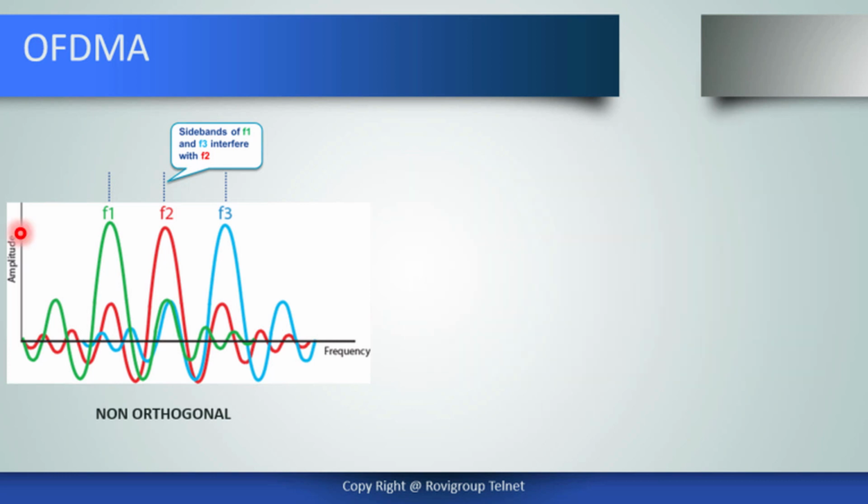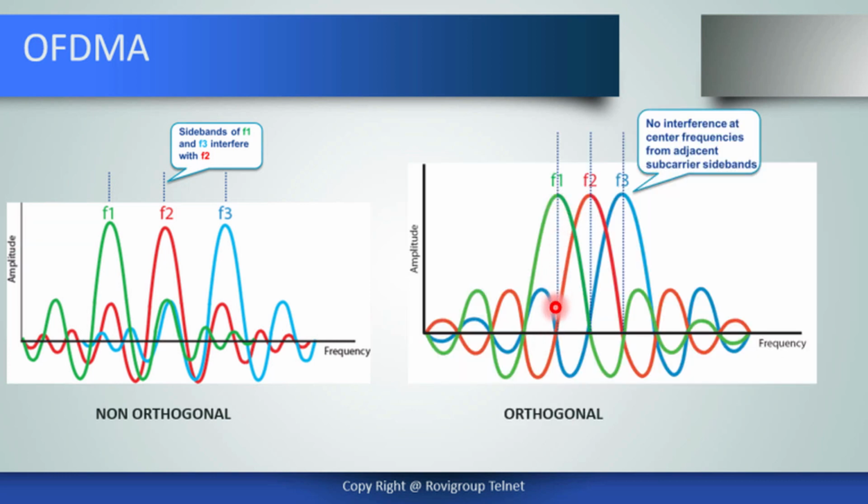In the three subcarriers, you can see that at the center frequency there is no interference from the adjacent subcarrier sideband. So we have F3 here, and its sideband is this one and this one, but it does not interfere with the center frequencies of F1 and F2. In this way, the orthogonality is maintained and the information is not interrupted by the other subcarriers.